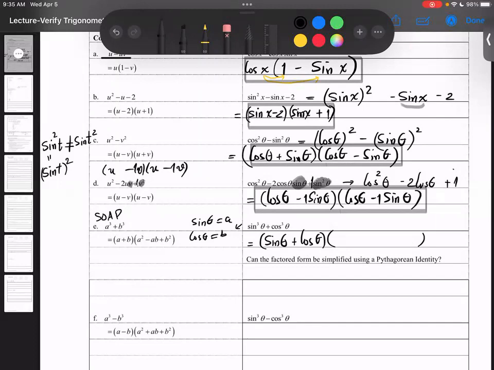And then the next part is A squared. A squared means sine square theta. Minus A times B, so minus sine theta times cosine theta, plus B squared, so cosine square theta. You're done.